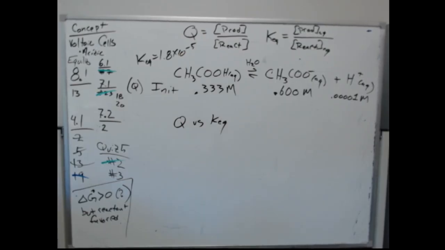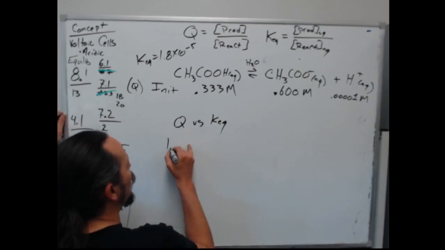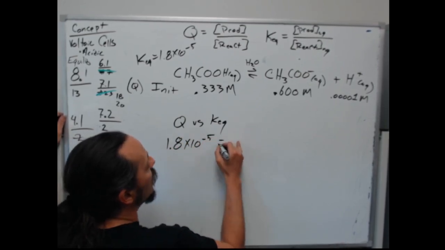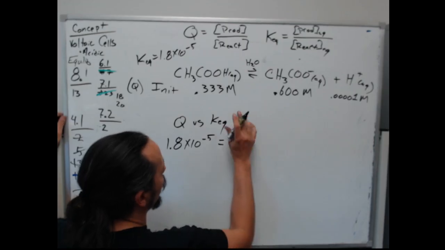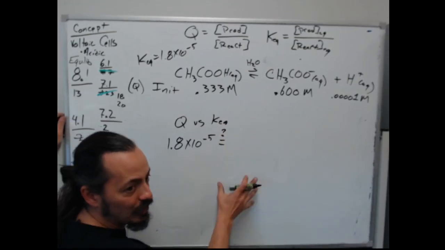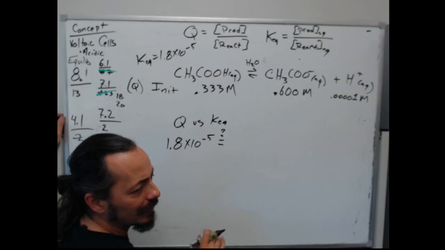Now I know my equilibrium constant is 1.8 times 10 to the minus 5. And for my Q value, when I'm doing these checks, I put a question mark over it, because these things aren't actually equal. I'm doing a logic check of how they relate to each other.